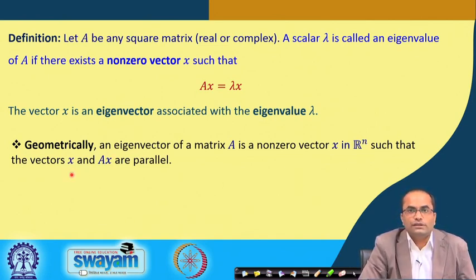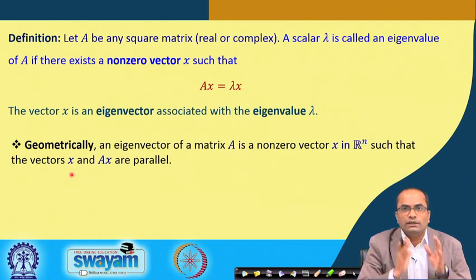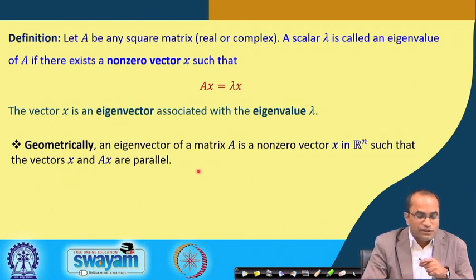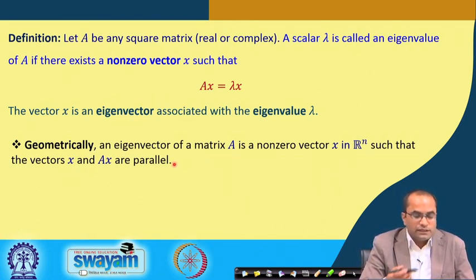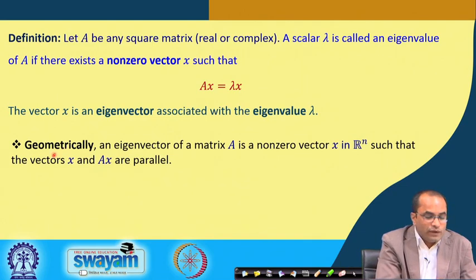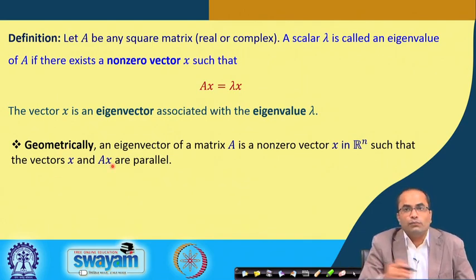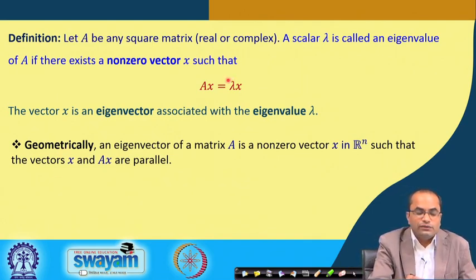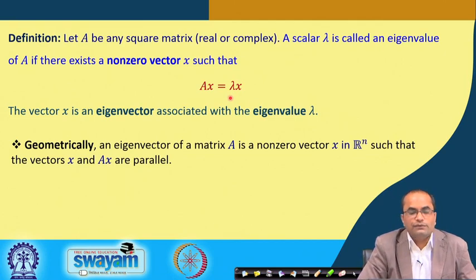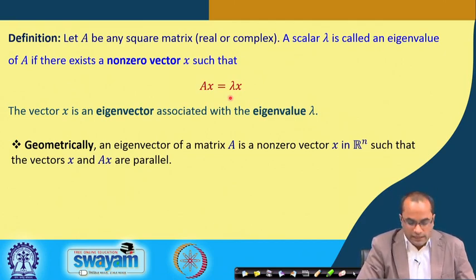This is what we have seen in the previous example, that the vector v and the vector A v were parallel, just the length was different. So, the geometrical meaning of eigenvalues and eigenvectors in general is that the vector x and A x are both parallel and their magnitude will change, and therefore, we have the eigenvalue lambda.